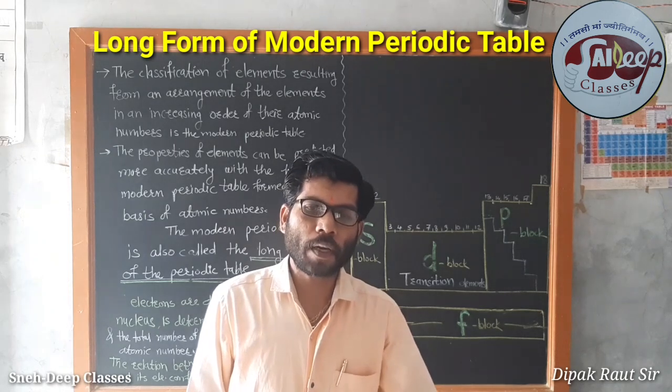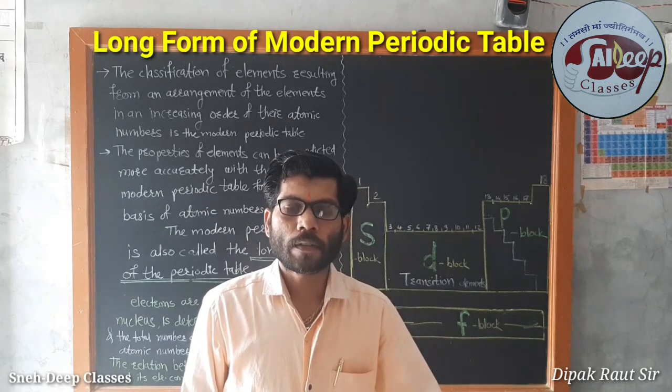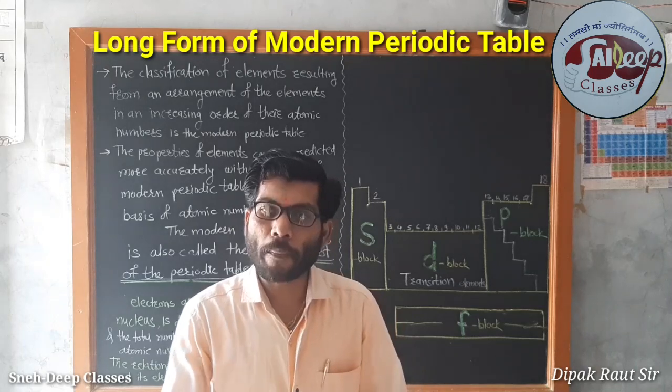We already saw the definition. What is meant by atomic number? The number of electrons or number of protons is called the atomic number.